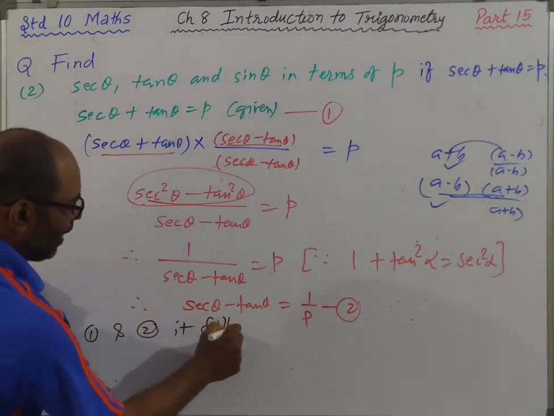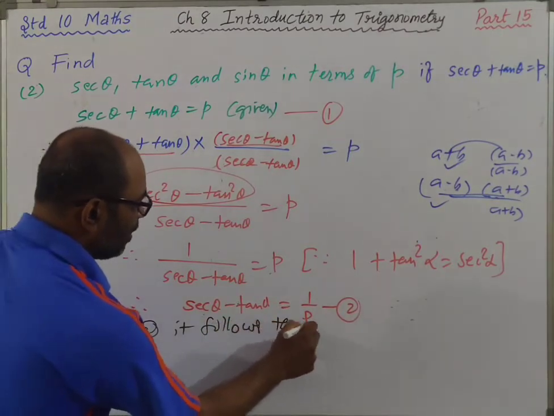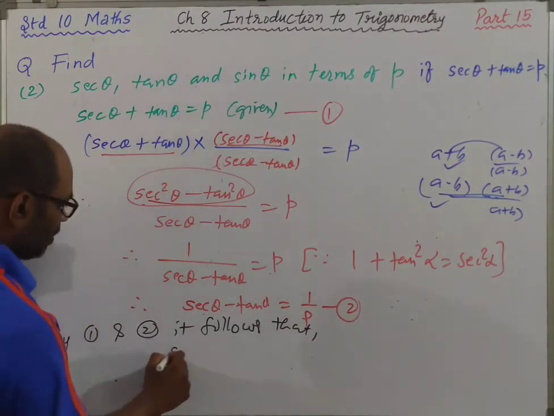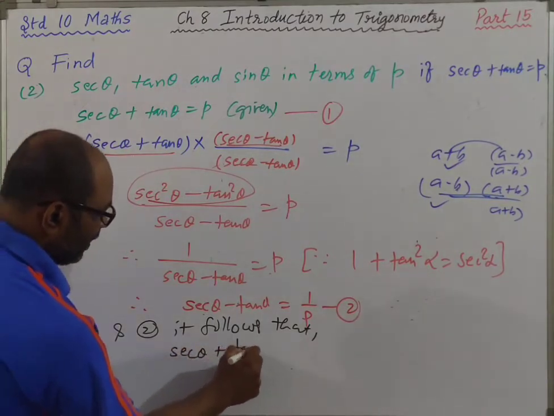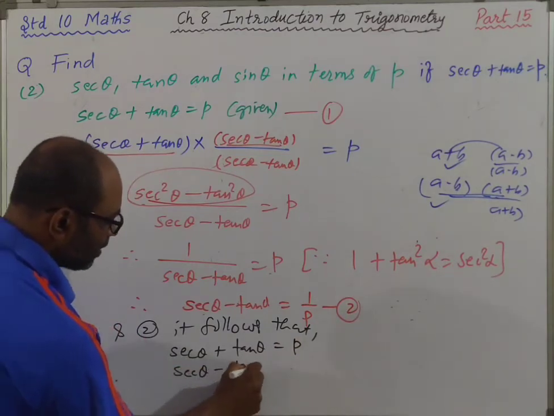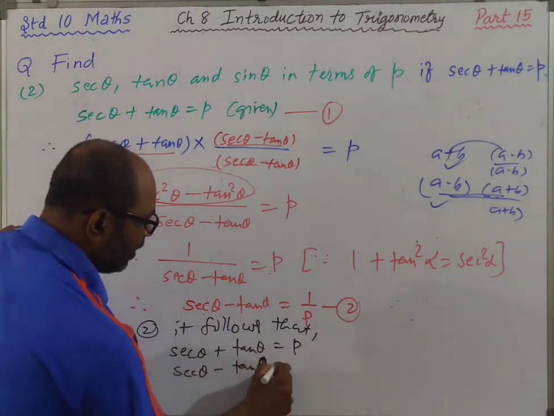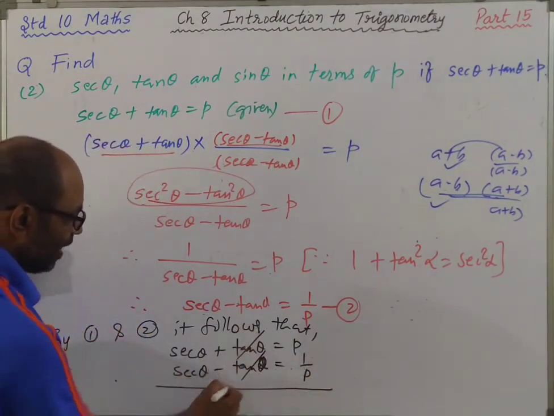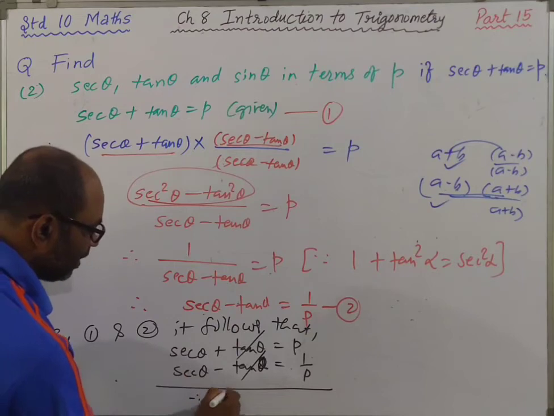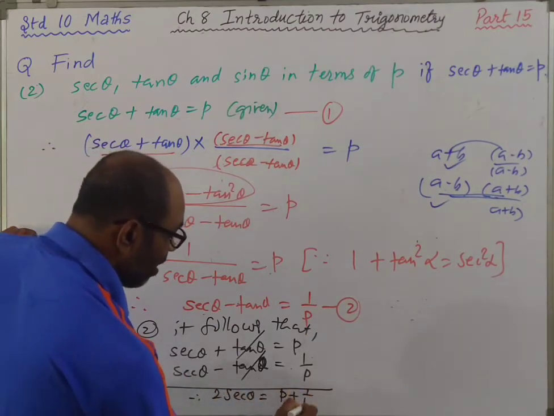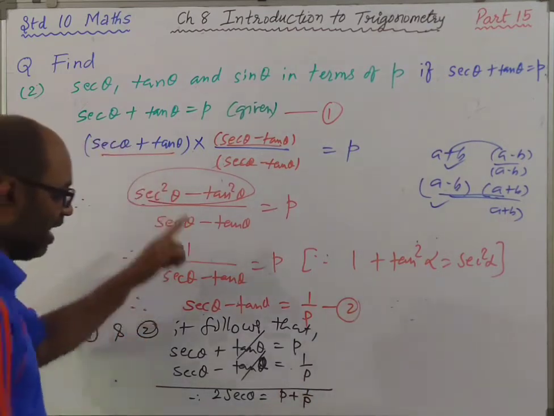It follows that... what follows, children? Write: sec theta plus tan theta is equal to p, and below, sec theta minus tan theta is equal to 1 upon p. Say plus tan, minus tan. This gives me sec plus sec, 2 sec theta, and you have to write p plus 1 upon p on the right.